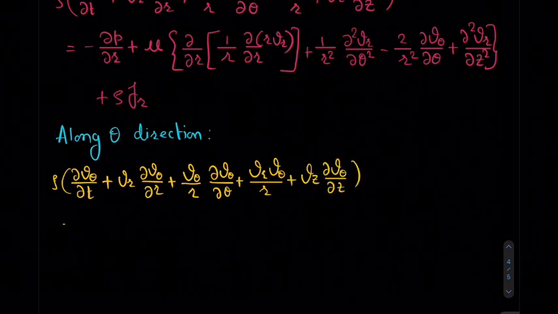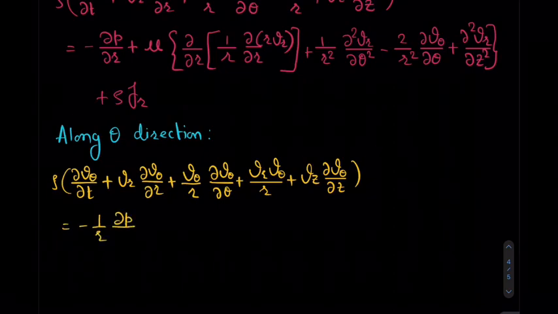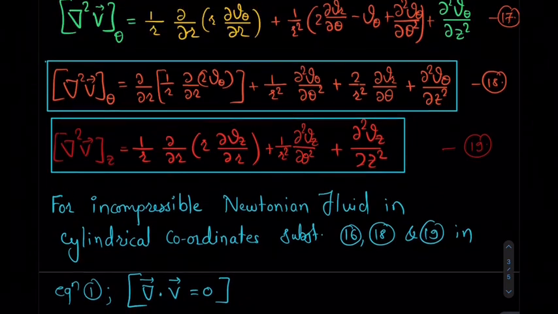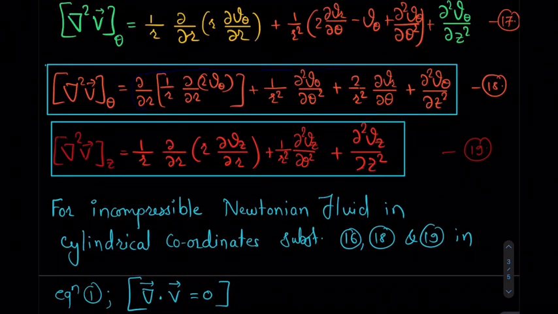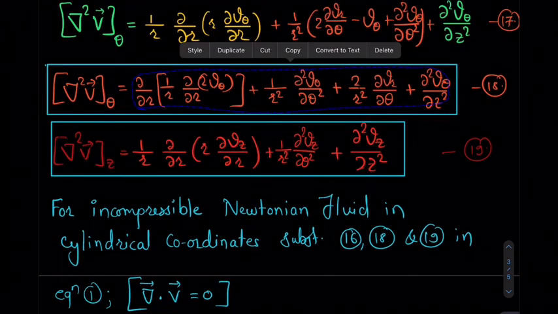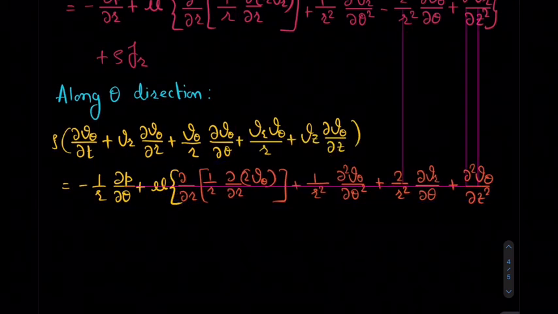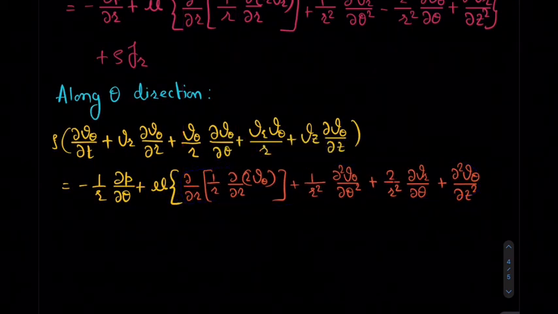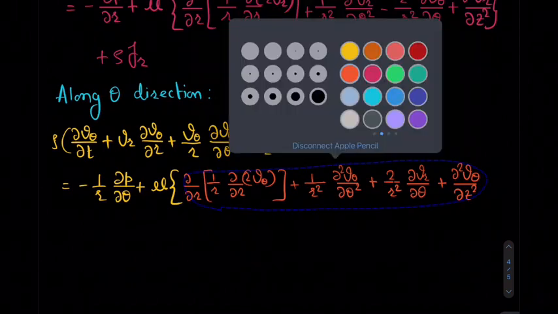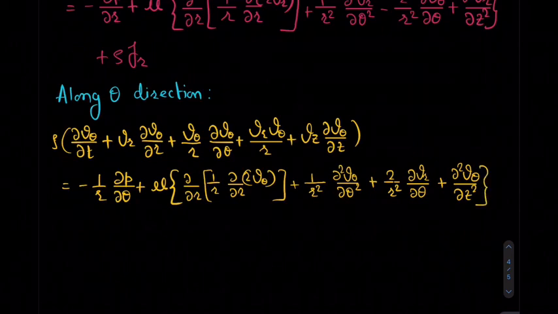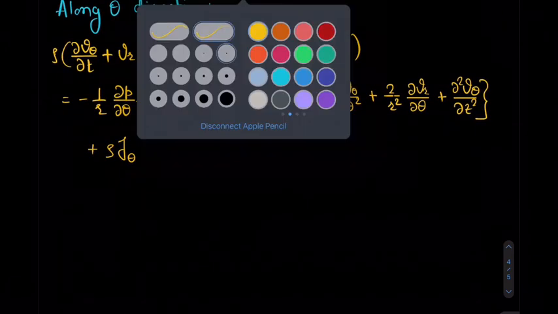Bracket complete, equals the negative pressure gradient along theta direction, 1 over r, plus mu times this second term, which is equation 18. So let us copy and put it as it is. This is the way one can deduce all the terms and put them into the forms, plus the body force terms.